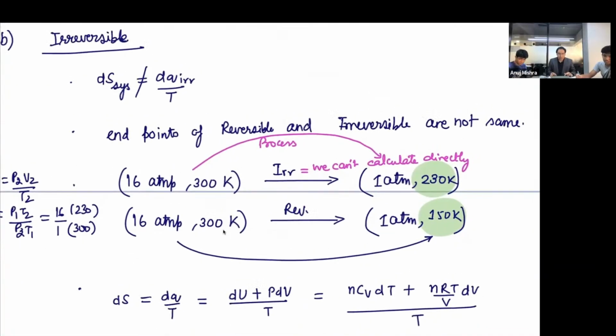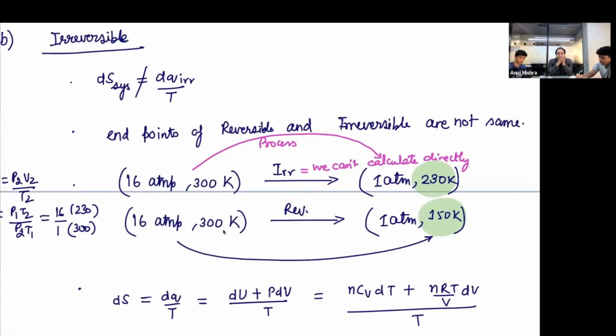Okay. So write down dS is dq upon T, and dq is dU plus PdV. Now why is dq dU plus PdV? Because dq plus dw is dU and dw is minus PdV. Correct?